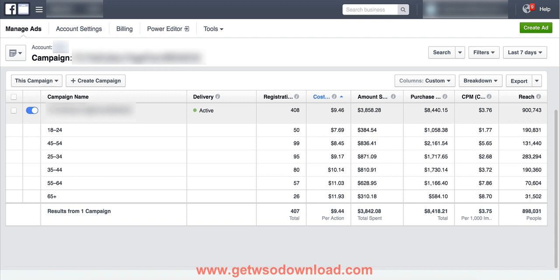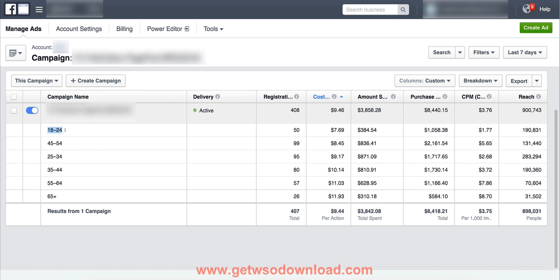But anyways, look, each line is a new age group, and most split tests are in 10-year increments. You can do 1-year increments if you want. You would just have a boatload of ads, but I usually do it by 10 years.